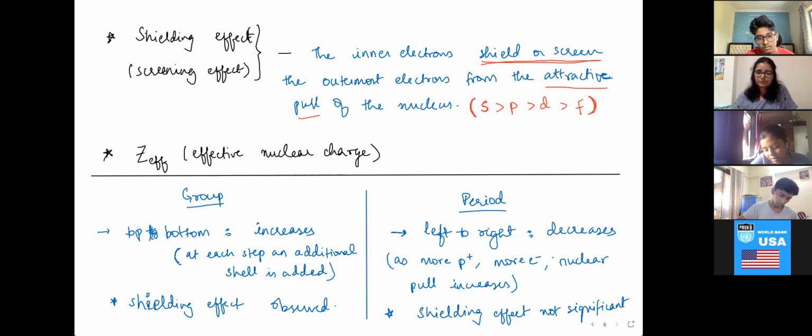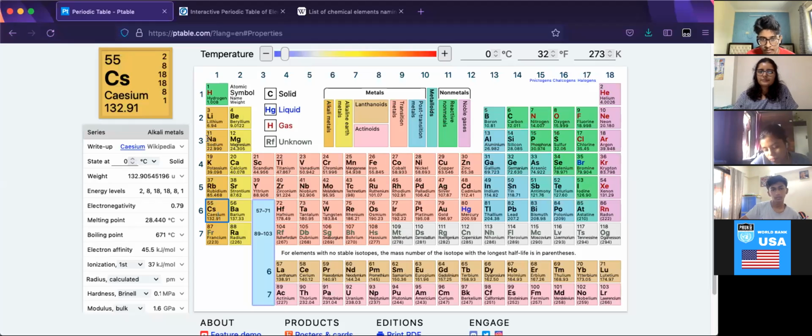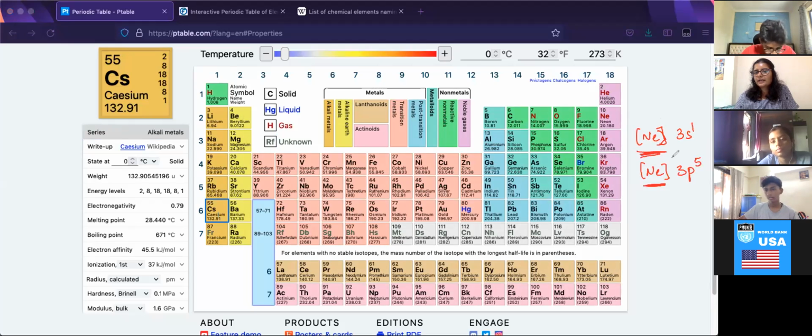So if we have to explain it in detail, consider sodium, magnesium, aluminium, silicon, phosphorus, sulfur, chlorine, all of them are in the same shell. If you look at the electronic configuration, it is varying from neon 3s1 to neon 3p5 or 3p6, right? So the number of inner electrons is the same, which means whatever shielding effect is there, that's constant.